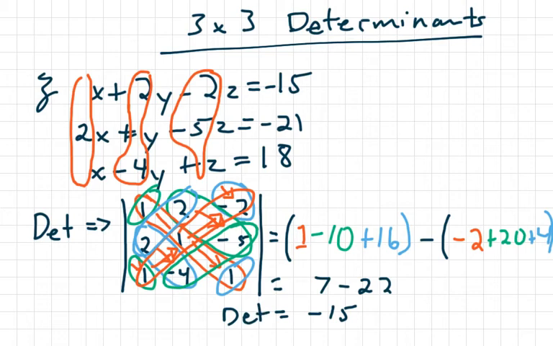Now, we have to keep this number in the back of our minds because that's what's going to work here. So I think what I'll do is I'll flip the page, I'll write out some steps, and then I'll start solving for the variables, and you'll see how the steps and this determinant all come into play.